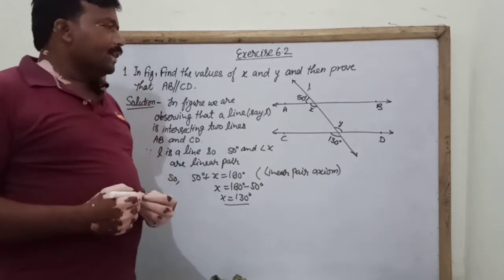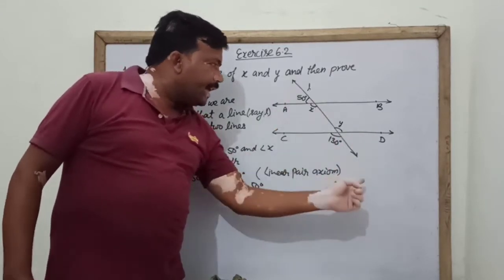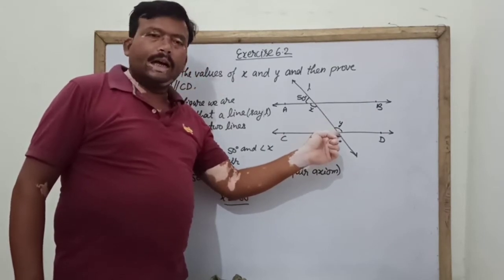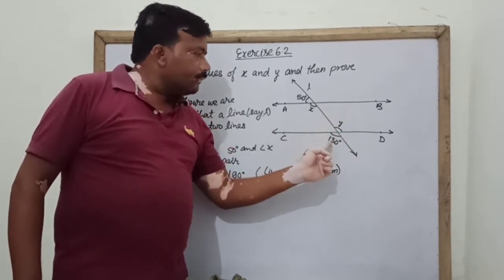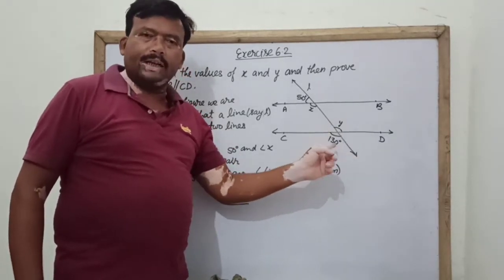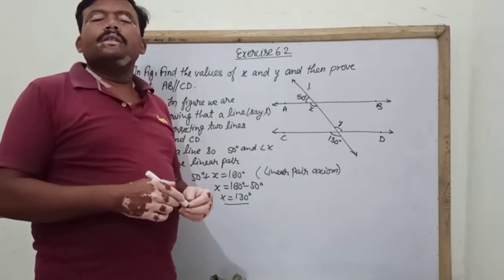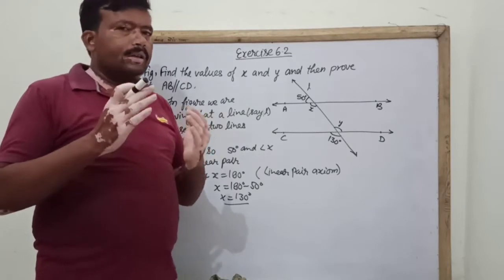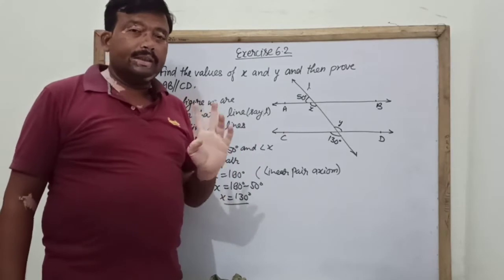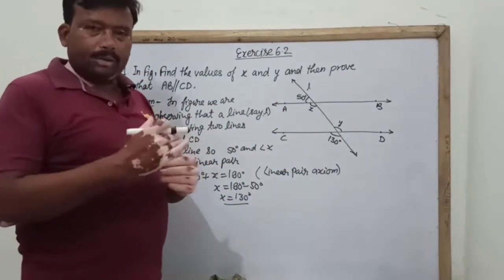And after that, since we are observing here that these two lines CD and line L are intersecting at this point, vertically opposite angles are formed, these two. Since we know that when two lines intersect each other, two pairs of vertically opposite angles are formed and the angles in those pairs are equal to each other.